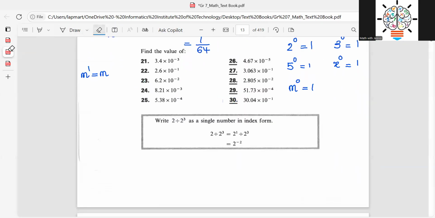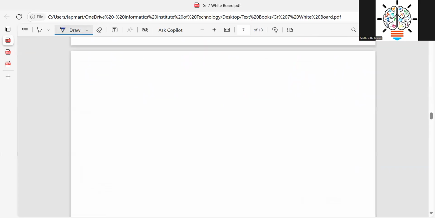Now the question I have is 4.67 multiplied by 10 to the power negative 5, right? First of all, you want to understand that 10 to the power negative 5 means 1 over 10 to the power of 5.